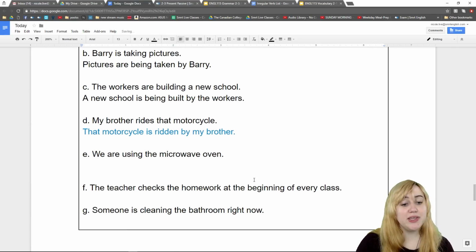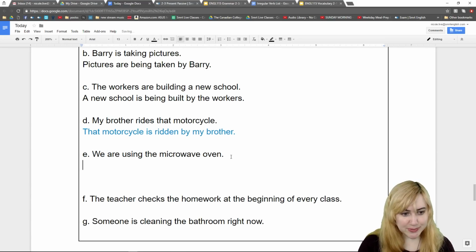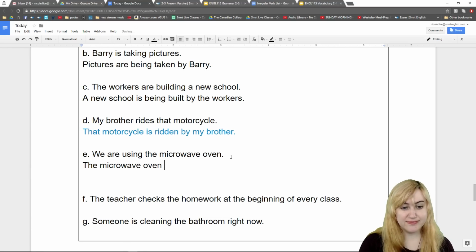E says we are using the microwave oven. Our using is present continuous. So for this one, we're going to say the microwave oven is, because it's singular, and then being, because it's continuous, and then use, used.